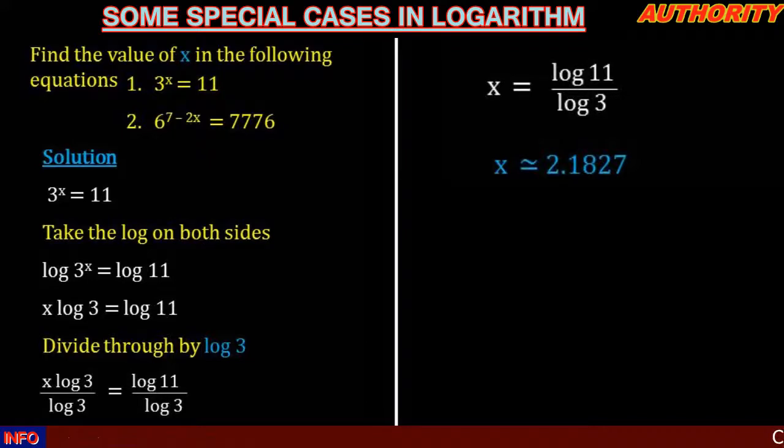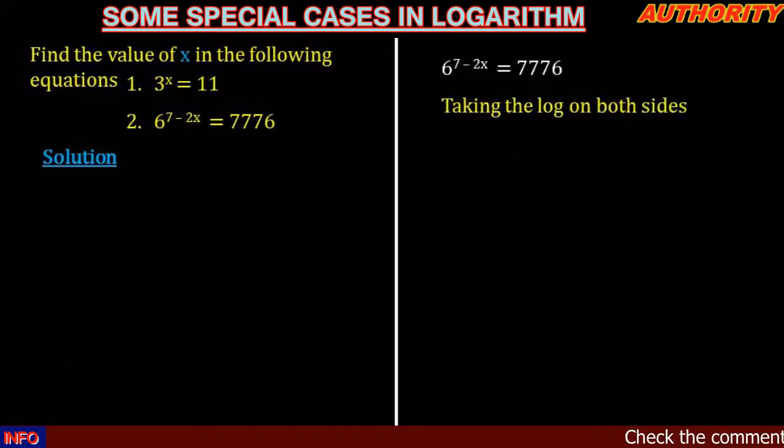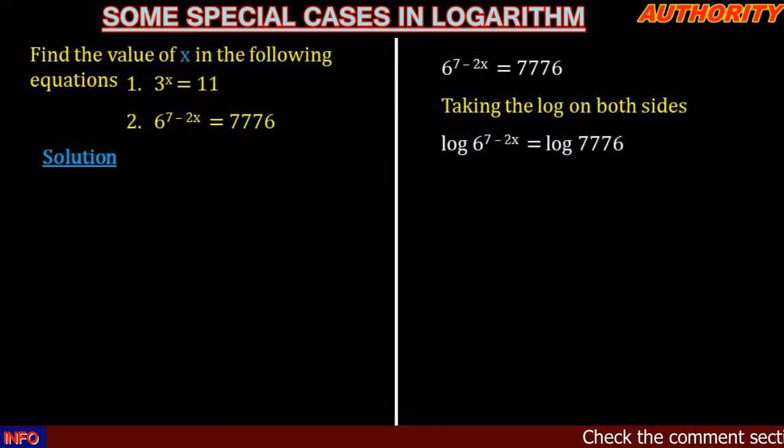The second question says 6 raised to power 7 minus 2x is equal to 7776. So what are we going to do? Let's take the log on both sides. Also, taking the log on both sides, we have log 6 raised to power 7 minus 2x is equal to log 7776.